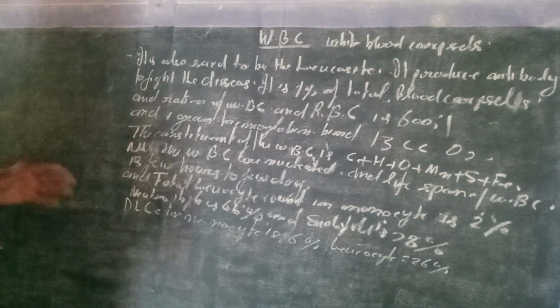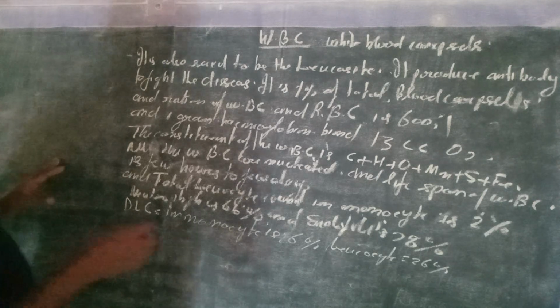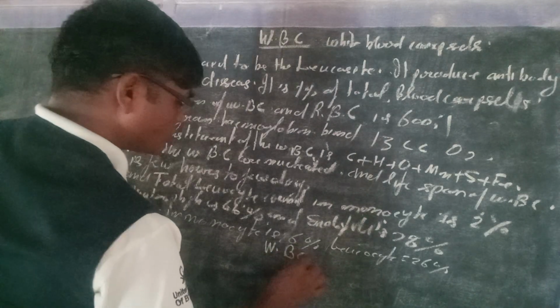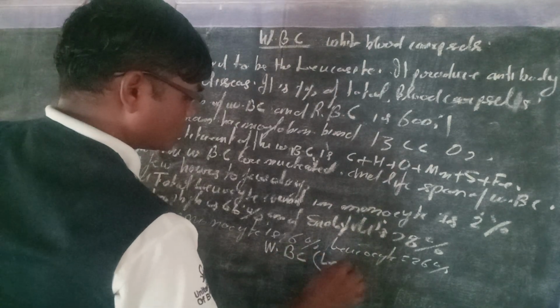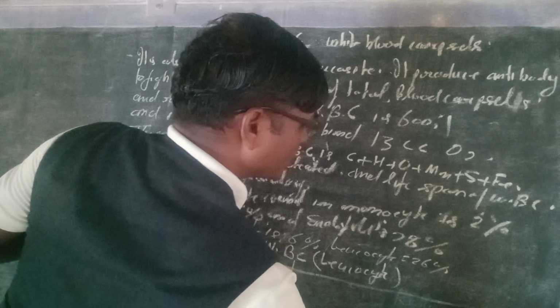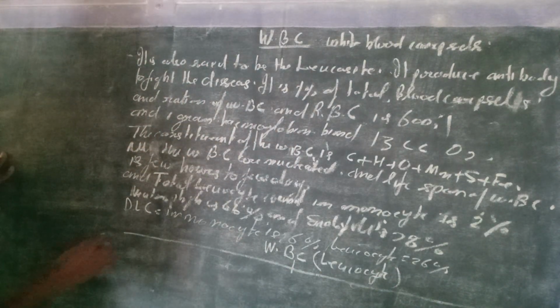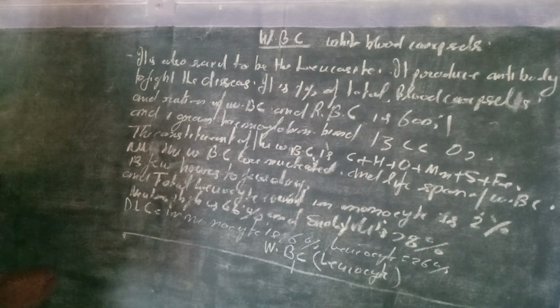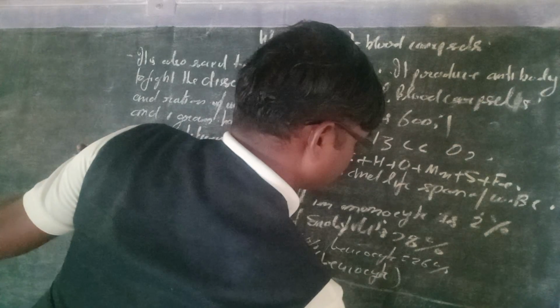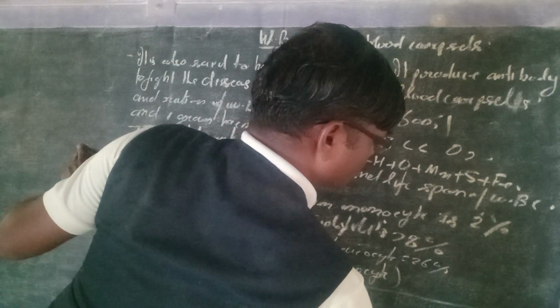As we have said, leukocytes are WBCs, and they are divided into two parts: granulocytes and agranulocytes.